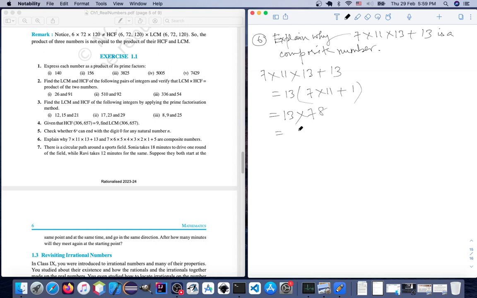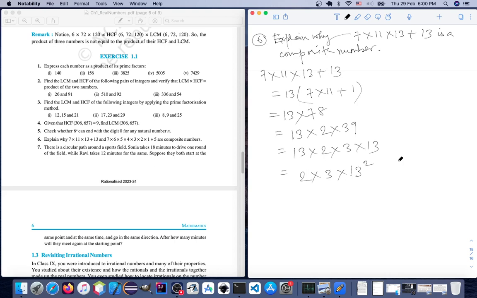This is 13 into 2 into 39, which is 13 into 2 into 3 into 13. This is 2 into 3 into 13 square. So the given number has been prime factorized. We can see that the given number has prime factors 2, 3 and 13.